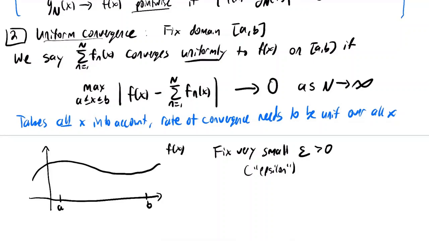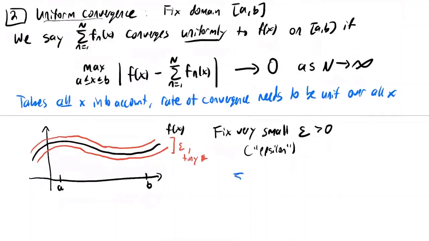Let's consider a copy of the graph in a small neighborhood, something like this, where the width of this is epsilon. So I fatten the graph into a tube, and the width is epsilon, this very tiny number, which we're going to think of as converging to 0.